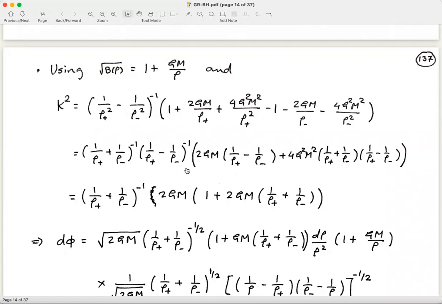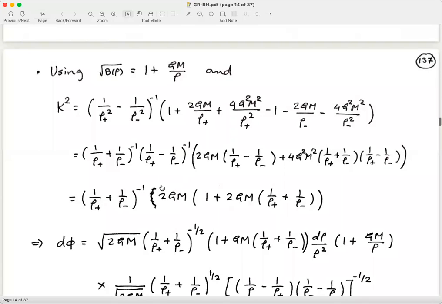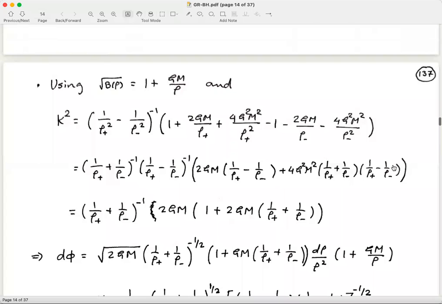This expression can be written in this particular form, and you can show that the 1 over rho plus minus 1 over rho minus term cancels out because there's a piece sitting around here which cancels everywhere, and 2gm factors out. You get an expression which is 1 plus 2gm times 1 over rho plus 1 over rho minus.